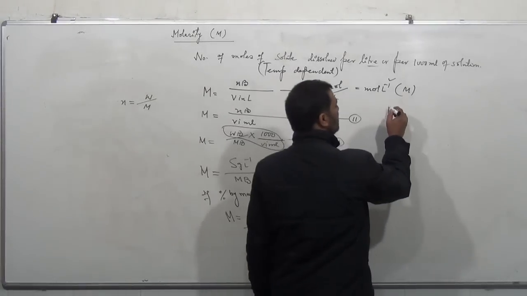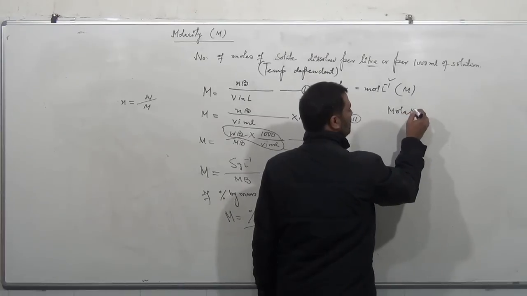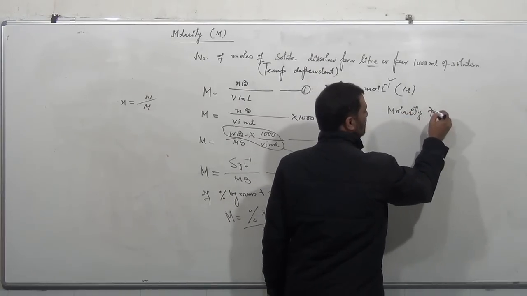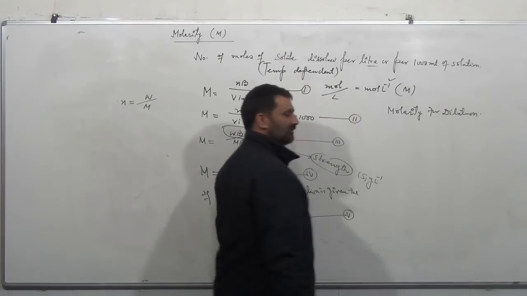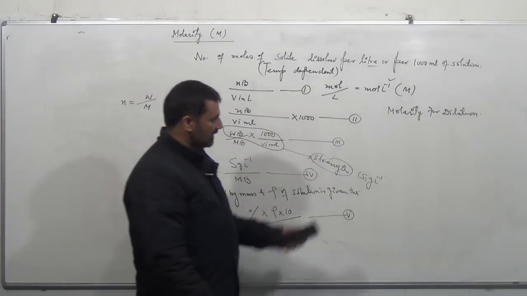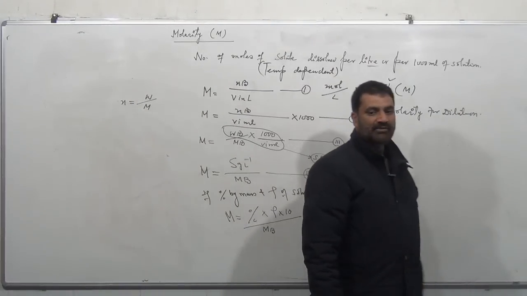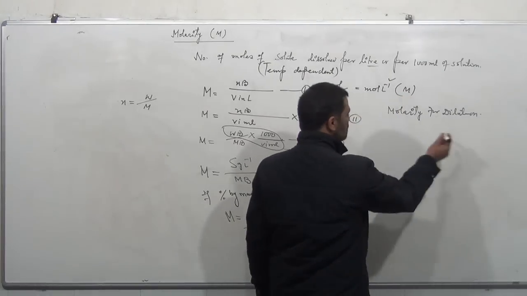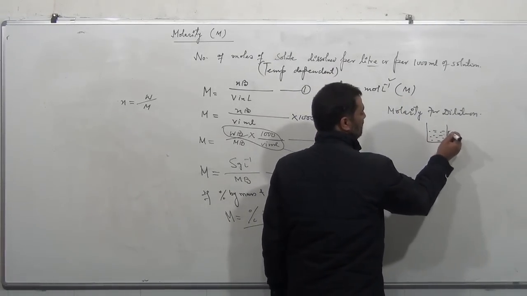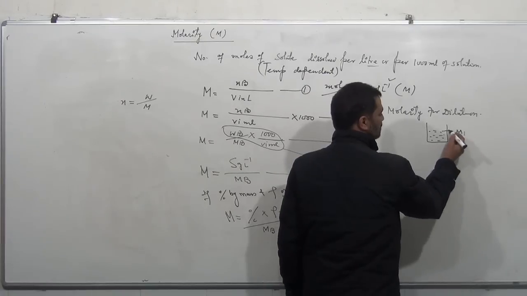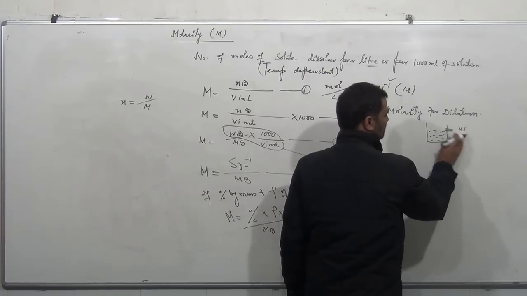Molarity for dilution. How can you calculate the molarity for a dilution? Suppose you have a solution whose molarity is M1, and you know its volume, it is V1.